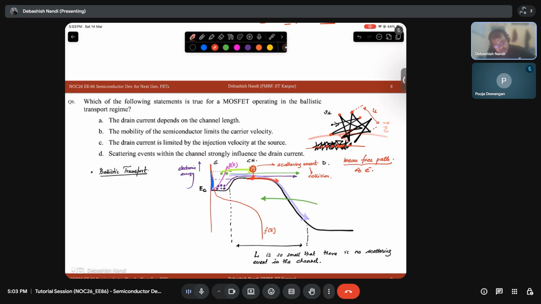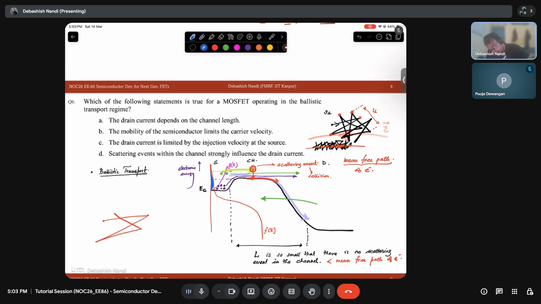Let's say your channel length is less than this mean free path of electrons. That means what? Before getting scattered, the electron would scatter like this.